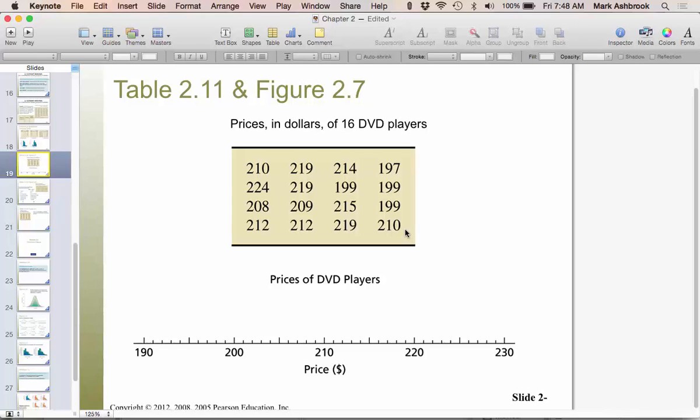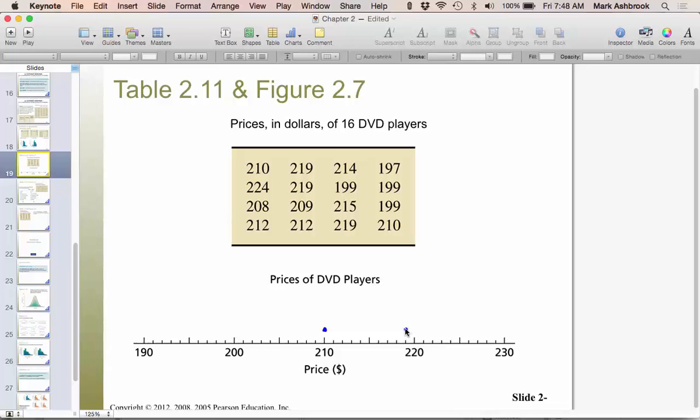But anyway, the value of the variable, the price of the DVD player, is on the horizontal axis, just like in our histograms. Then you take your data values and you just put a dot. This first one's for $210. You just put a dot for 210, and then 219.